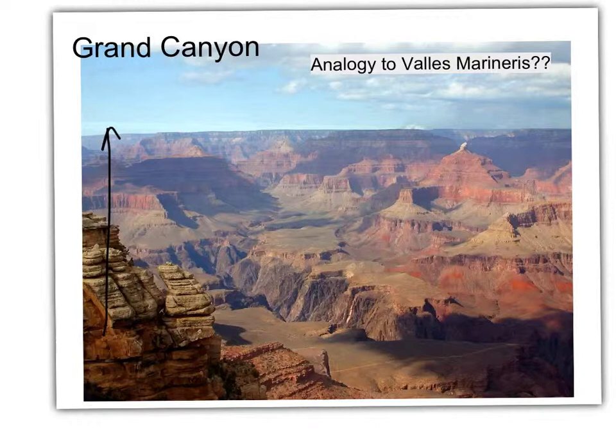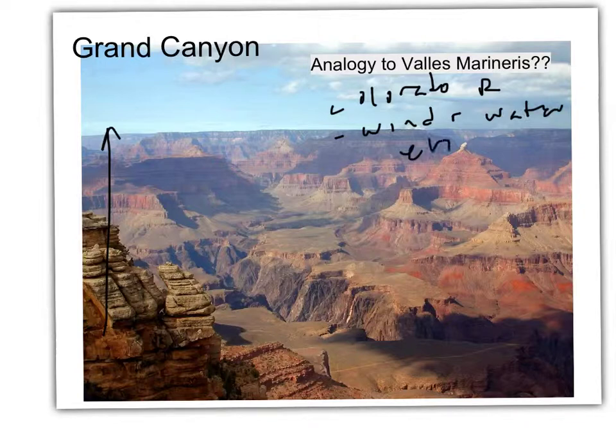And as that channel gets cut, then the sides also are subject to erosion. So we've got the Colorado River carving the main channel, and then we have both wind and water erosion eating away at the sides, making the canyon larger and wider as it gets deeper.